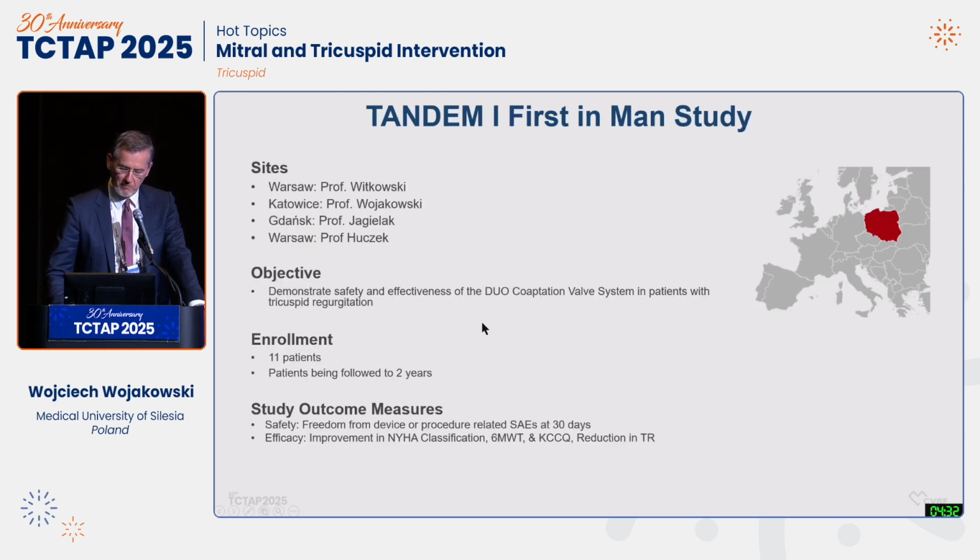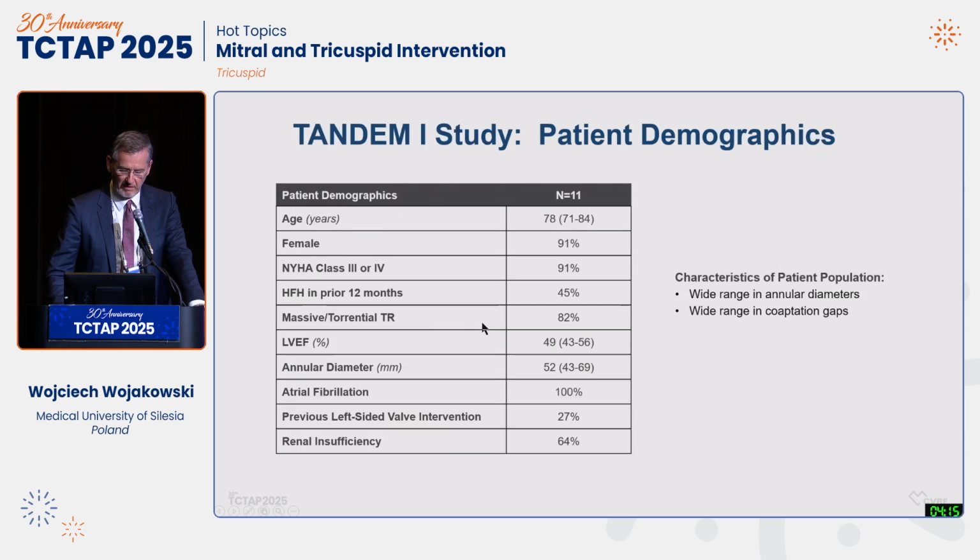So the Tandem 1 was the first in-man study, done in Poland in 4 centers. This enrollment included 11 patients with at least 2 years follow-up. And this was the feasibility study.